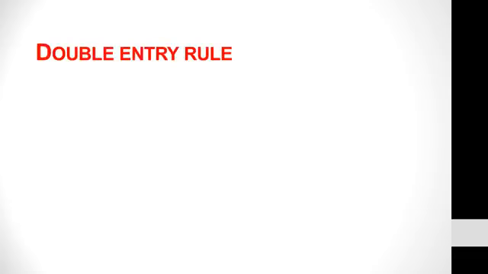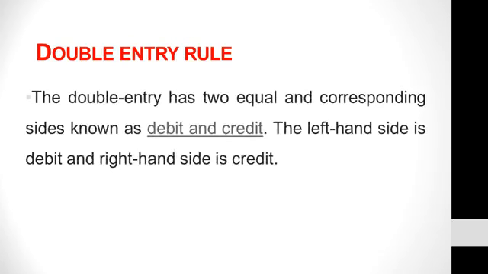What is the double entry rule? It is the rule or the method we use to record the transaction within the journal. This theory or rule states that every financial transaction has a double equal effect. One is called debit and the other is called credit.